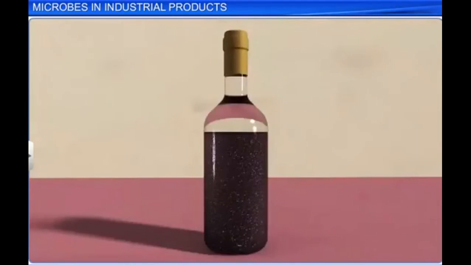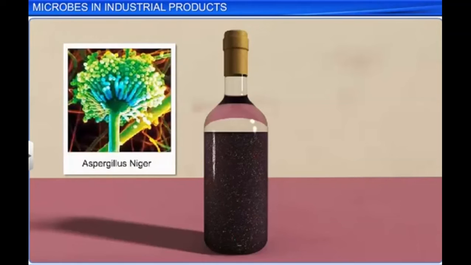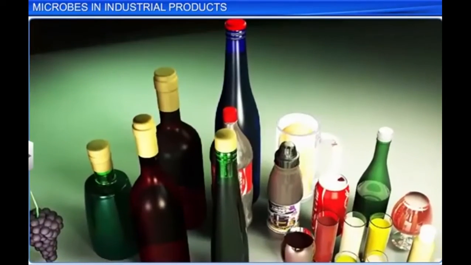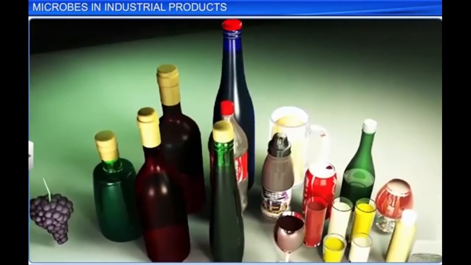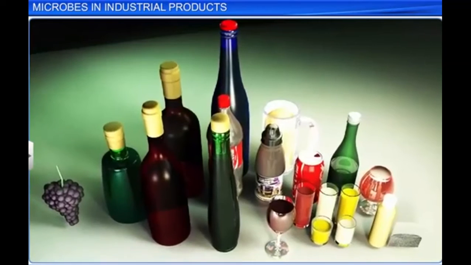Likewise, pectinases and proteases produced by microbes such as Aspergillus niger are used in bottled fruit juices for clarification. This is why bottled fruit juices bought from the market are so much clearer than those prepared at home.